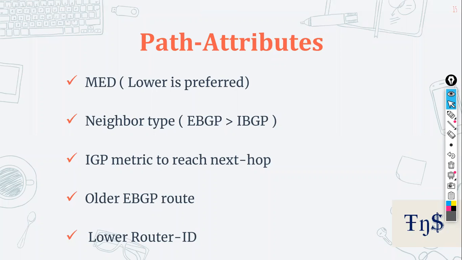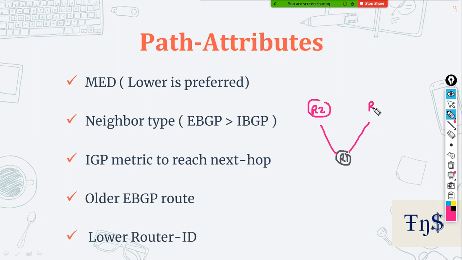So now let's say this is router R1. It is receiving a particular subnet from two neighbors. Let's say this is R2 and this is R3. R2 is sending R1 some route, let's say 1.1.1.1, and R3 is also sending the same route 1.1.1.1. So R1 is going to match all these criteria.